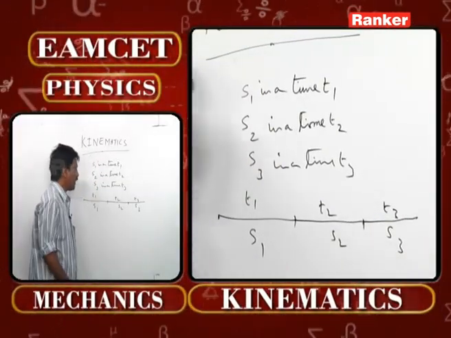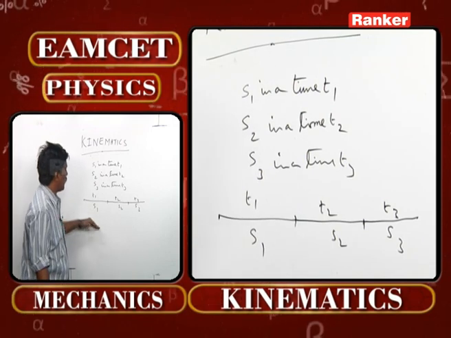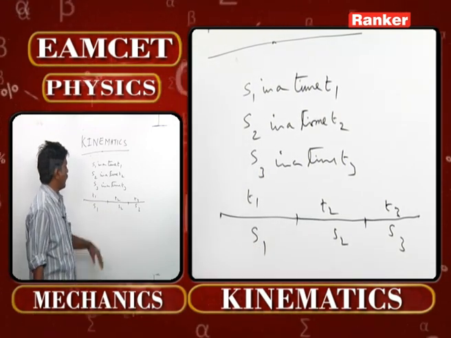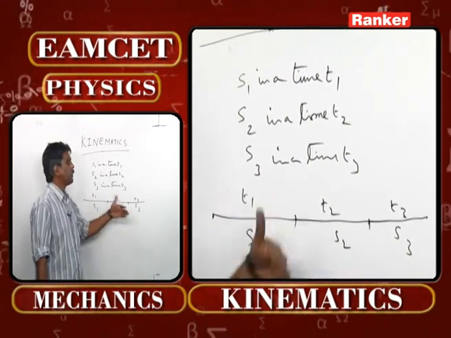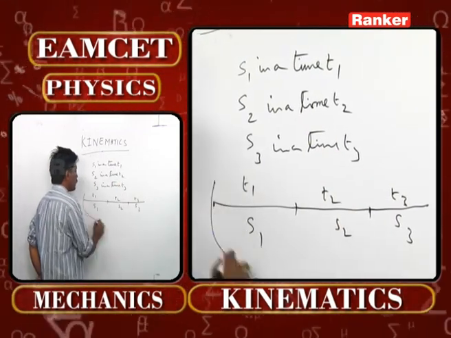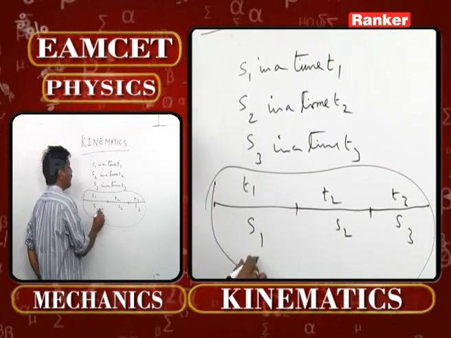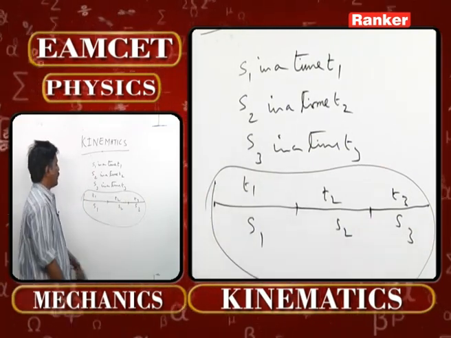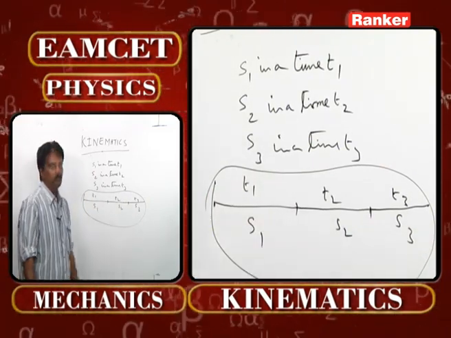See here the body covered successively S1, S2, S3 in successive intervals of time T1, T2, T3. Now here total displacement will be equal to S1 plus S2 plus S3 and total time taken is T1 plus T2 plus T3.